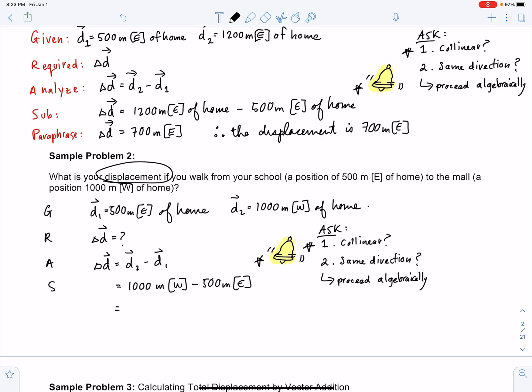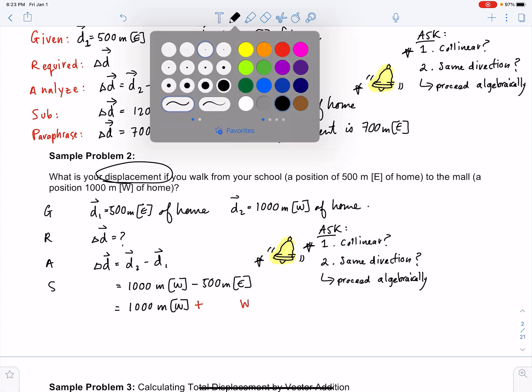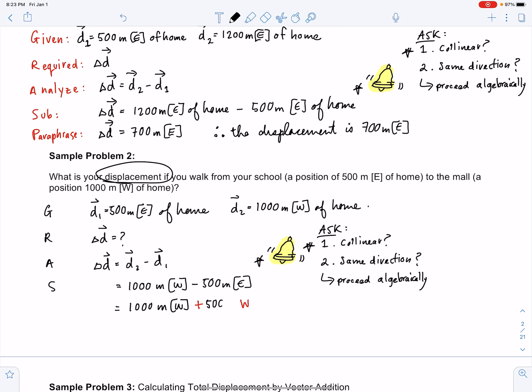I'm going to change both of these vectors to west. So the first one remains unchanged, 1,000 meters west. Now instead of having negative 500 meters east, I'm going to change the sign to positive, which changes this direction to west. So we end up with plus 500 meters west.